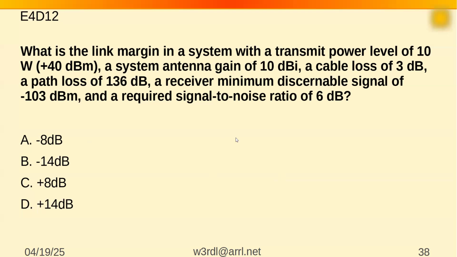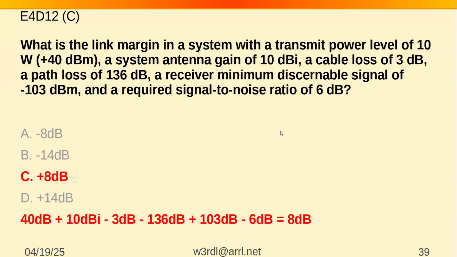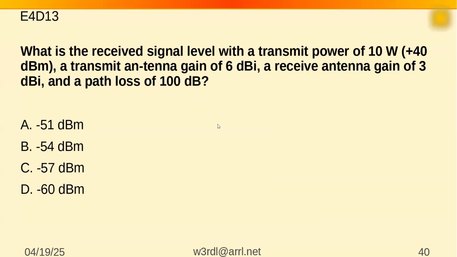Yeah, that's not what you should do. 40 plus 10 minus 3 minus 136 plus 103 minus 6, and you get 8. That's just straight add, subtract. Well, you add the pluses and you subtract the minuses.